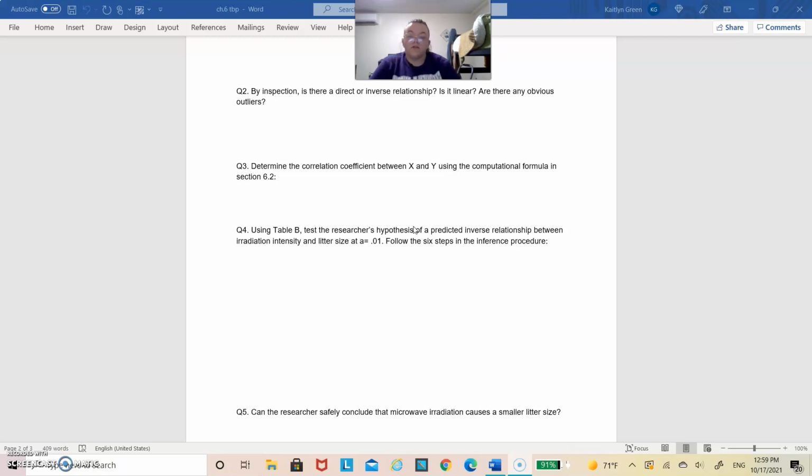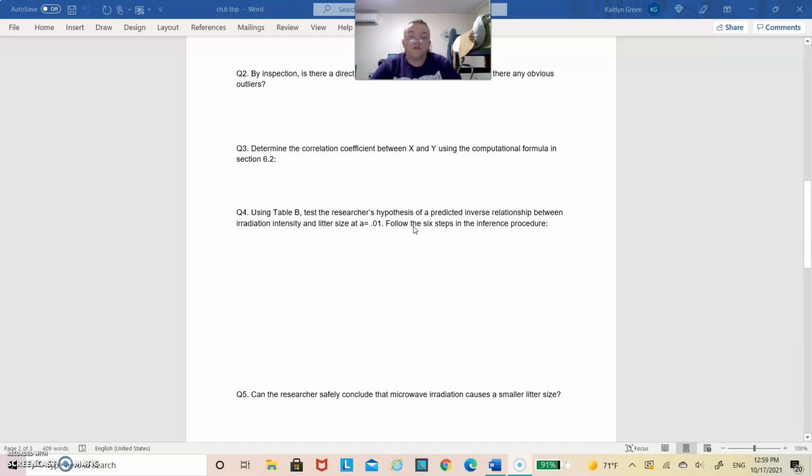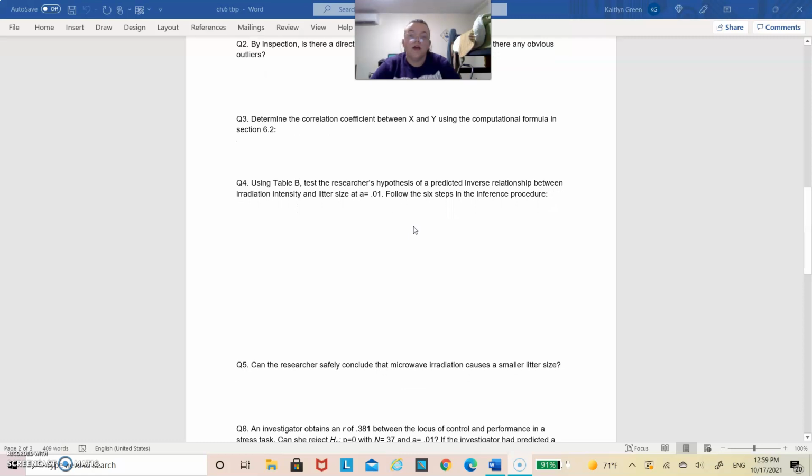Moving on to question 4, it says, using table B, test the researcher's hypothesis of a predicted inverse relationship between irradiation intensity and litter size at alpha equals 0.01. As you can see, it says predicted inverse relationship, which means that they are predicting an inverse relationship.